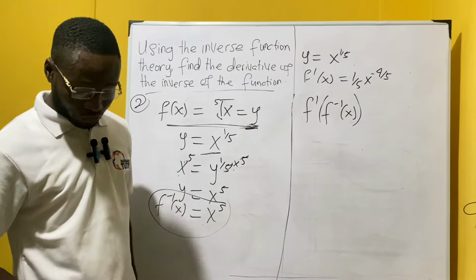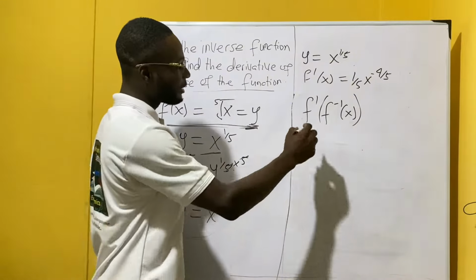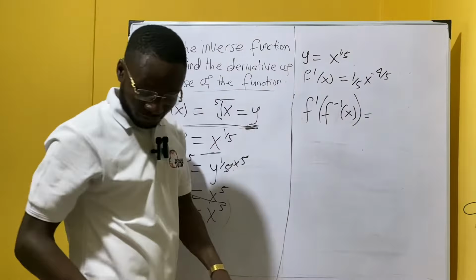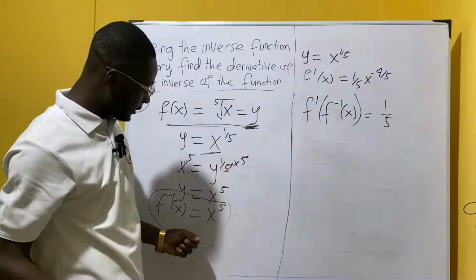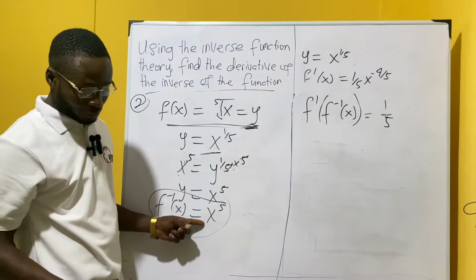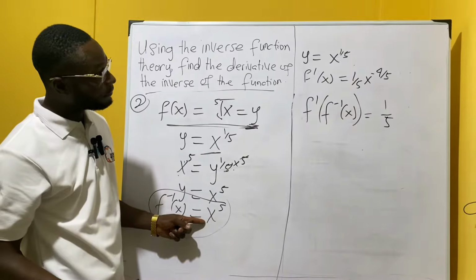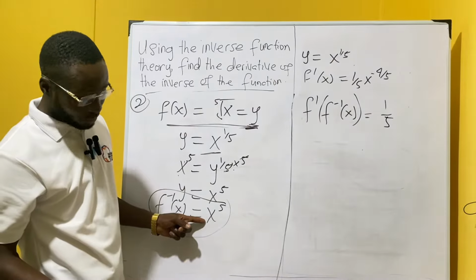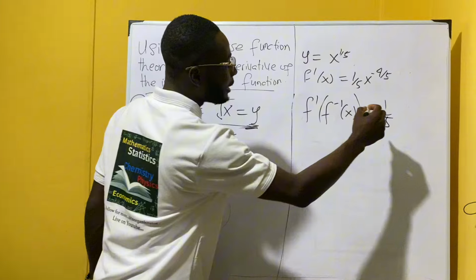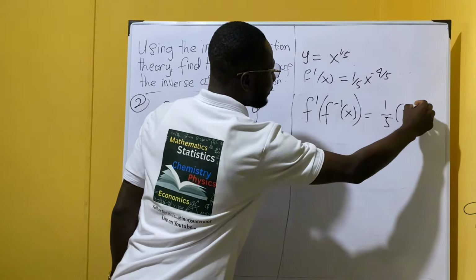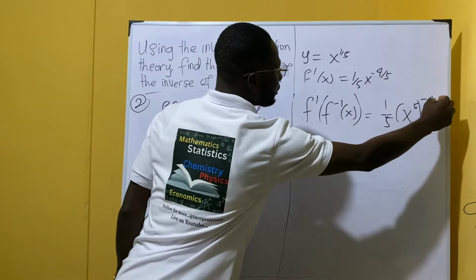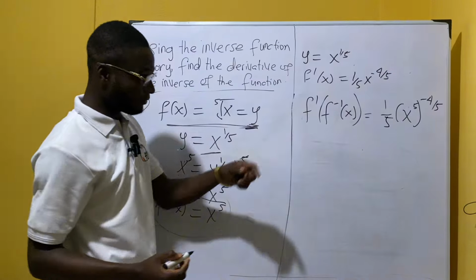So when we substitute that, we are going to have 1 over 5, right? And then the x here is what? Y to the power 5. X to the power 5, right? So we have x to the power 5, to the power minus 4 over 5.